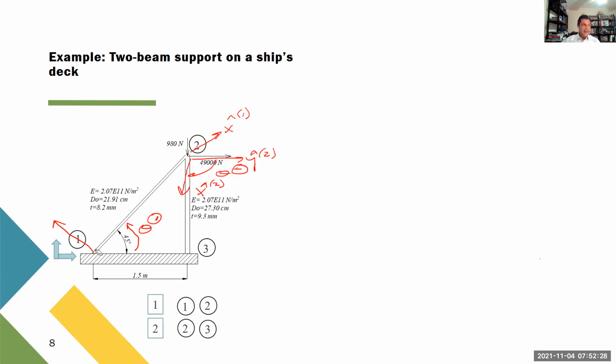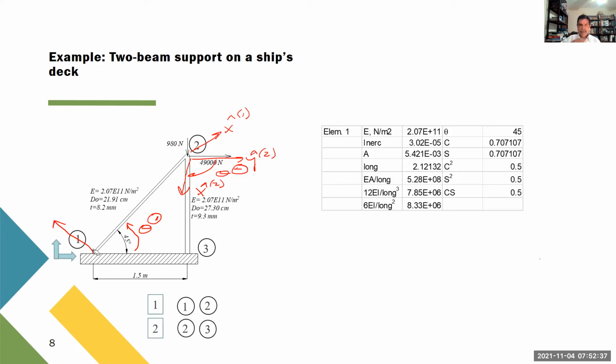And to avoid rotation, you have to develop a moment. A moment means beam.